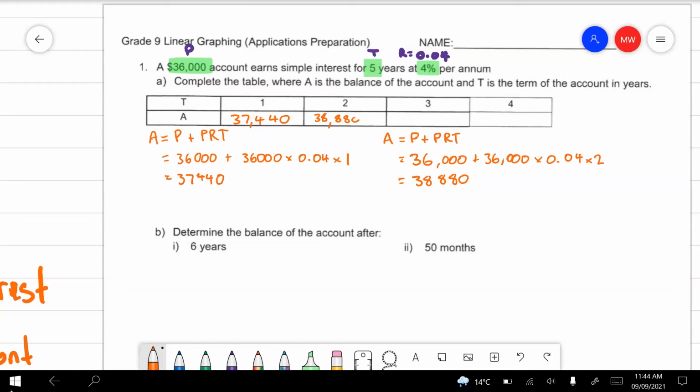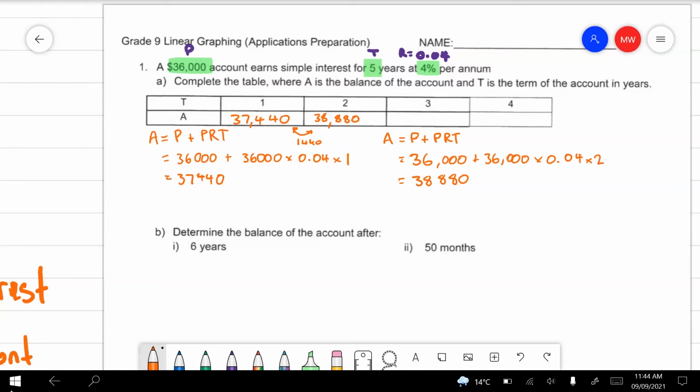Now what I've noticed here is I could keep running this formula for the next 2, but I'm a bit lazy to do that. I can see that each time that we jump, we're jumping by $1,440. So what I can do is it's linear. It will always increase by the same amount.